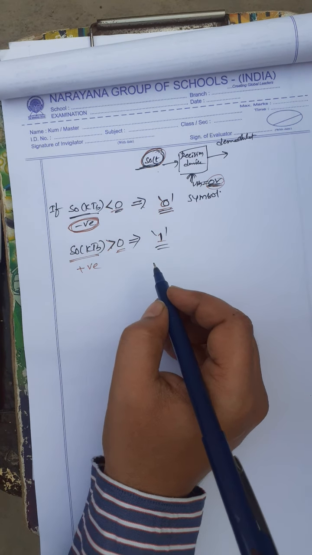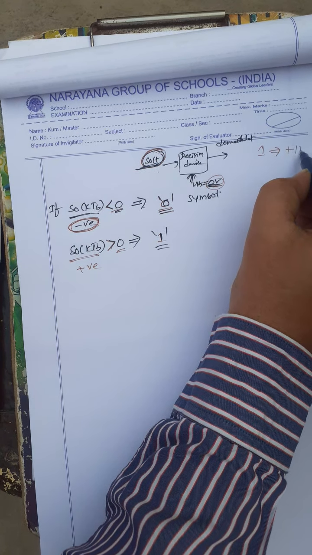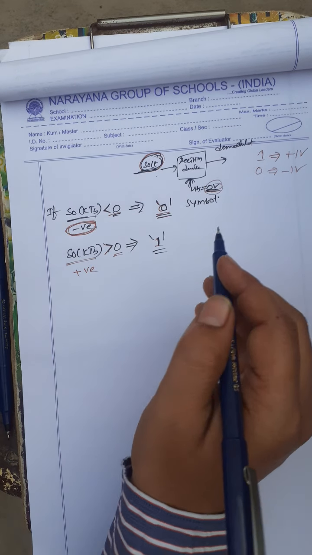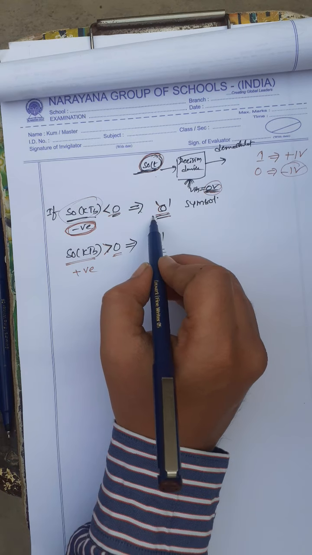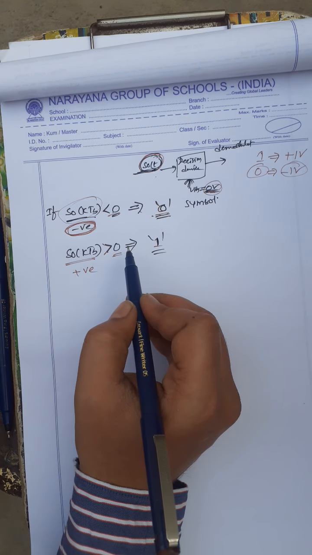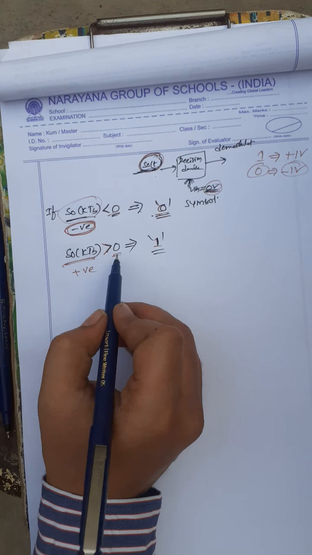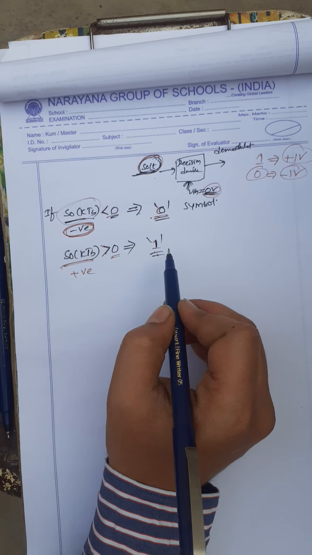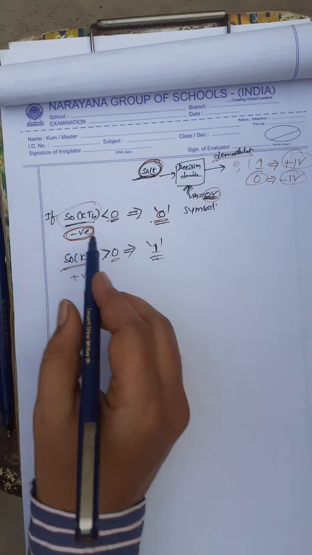Yes or no? We are mapped here: bit 1 is mapped to plus 1 volt and bit 0 is mapped to minus 1 volt. So if the integrator output is a negative voltage, the decision device produces 0. If the integrator output is greater than 0, a positive voltage, it produces bit 1. So at the output of the demodulator we will get 0 and 1 depending on the integrator.